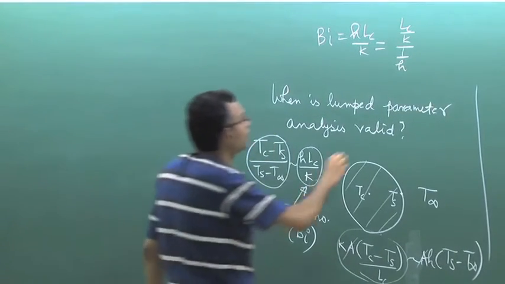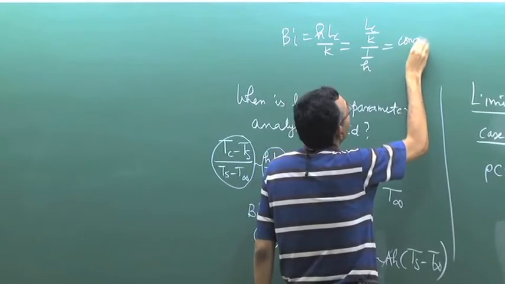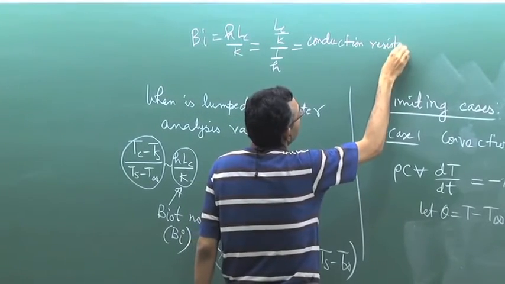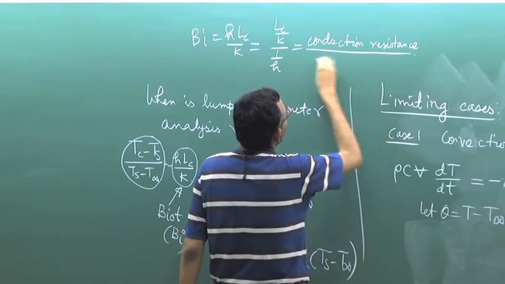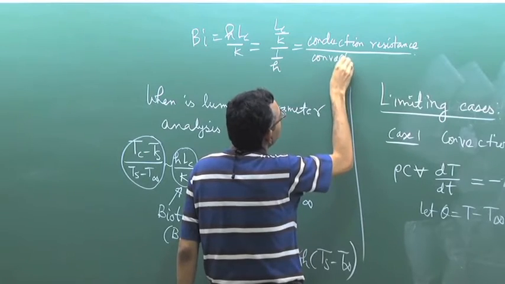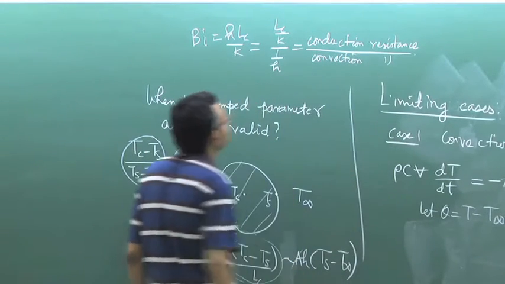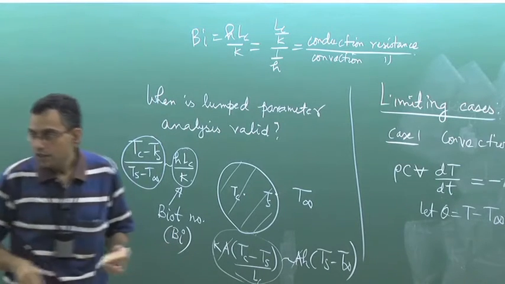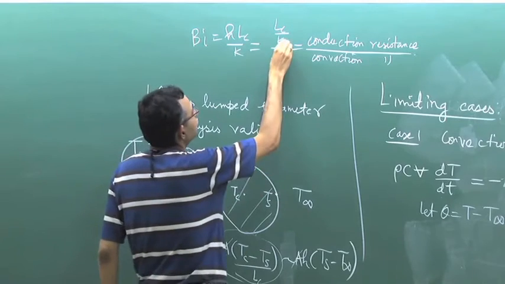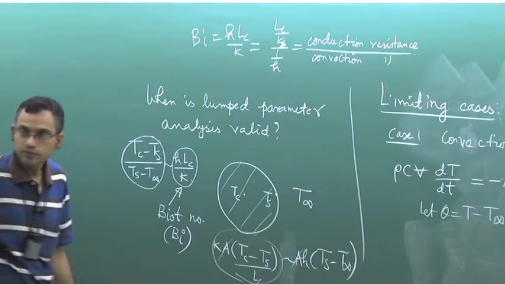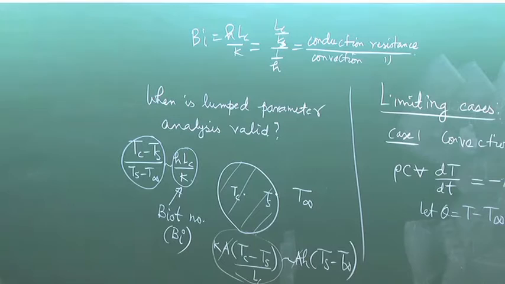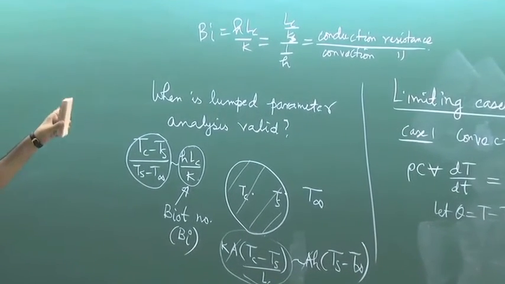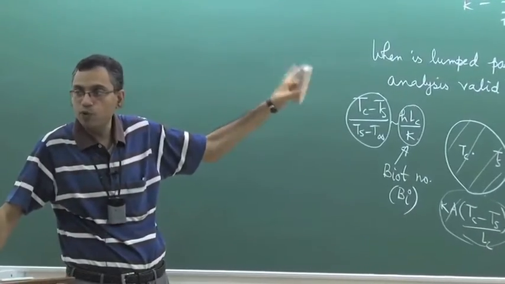So it is a ratio of conduction resistance to convection resistance. Remember this k, very important, this k is k of solid, not k of fluid. We will later on see a non-dimensional number in the context of convection where it looks very similar, but the k is k of fluid and not k of solid.